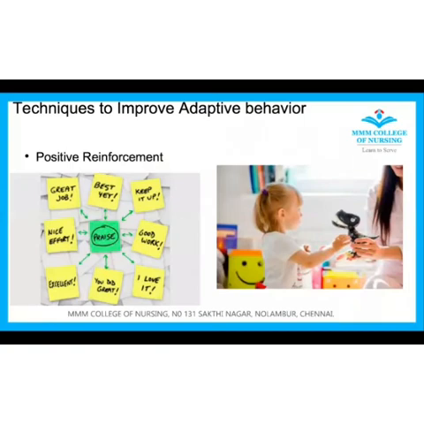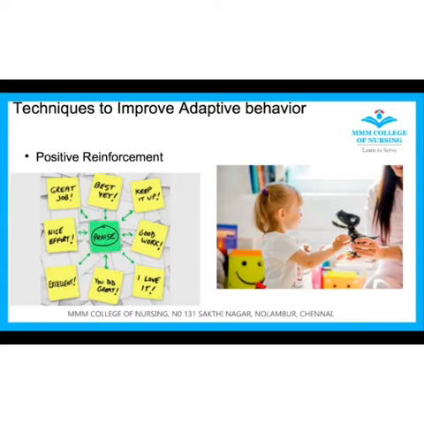Now, let us see behavioral techniques to improve adaptive behavior. First one is positive reinforcement. In this technique, a reward is provided to the patient following the occurrence of an adaptive behavior. These rewards can be in the form of food, gifts, or praise.